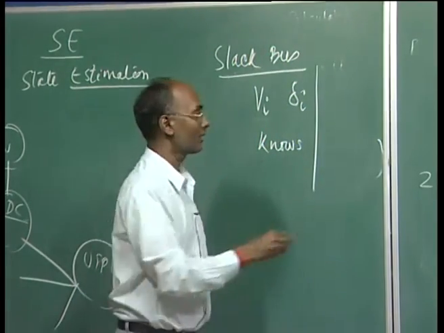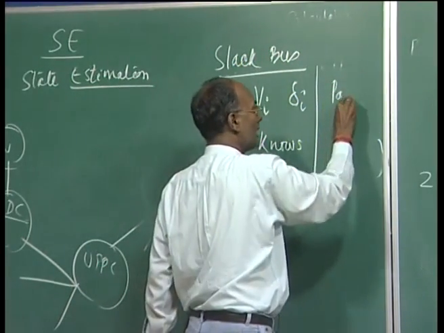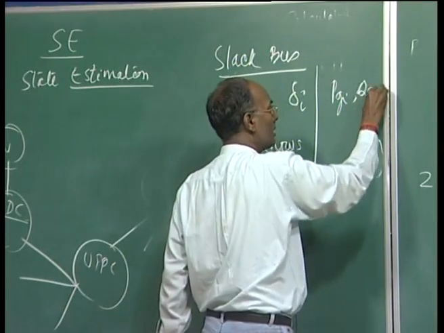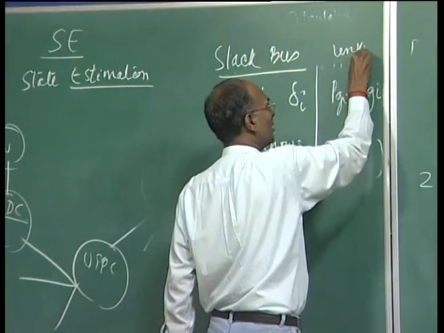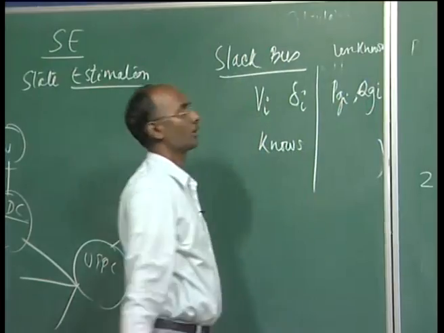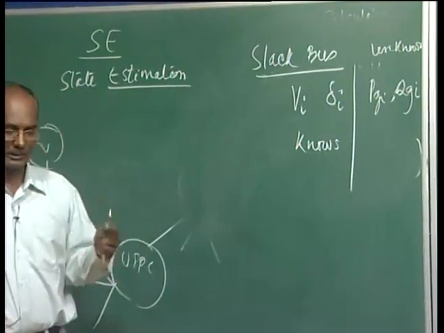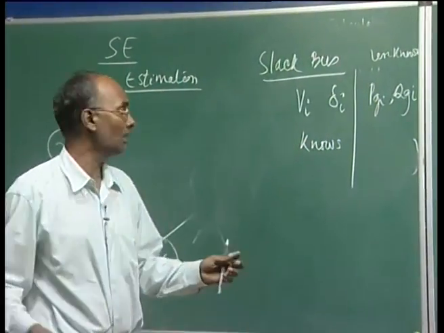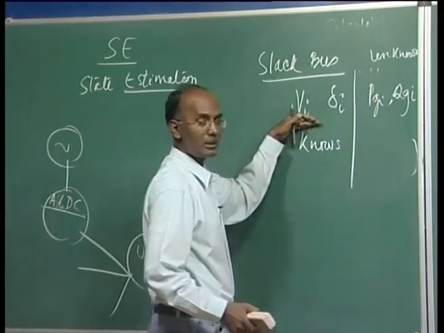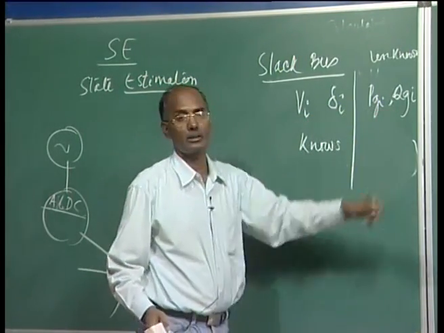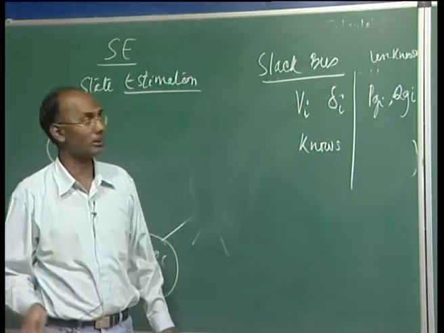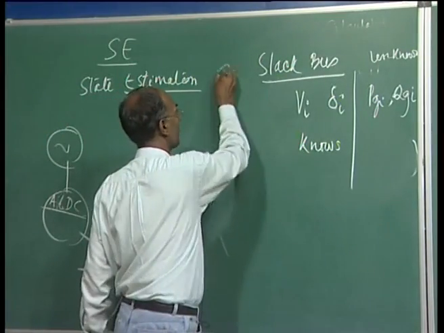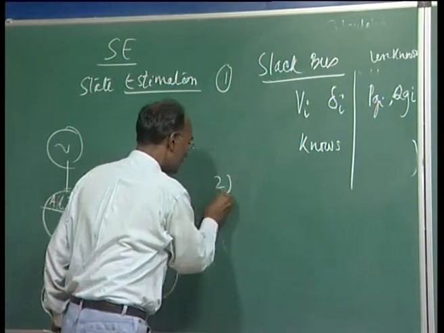We want to calculate what will be PGi and QGi; these are unknown. The slack bus is normally only one in a system, where the voltage and angle are given to you, and then we calculate the real and reactive power generation at that bus.